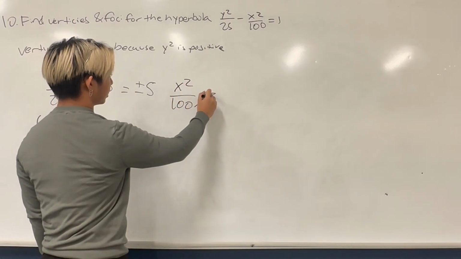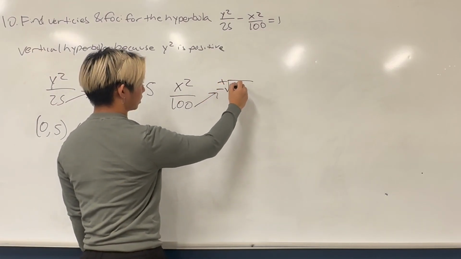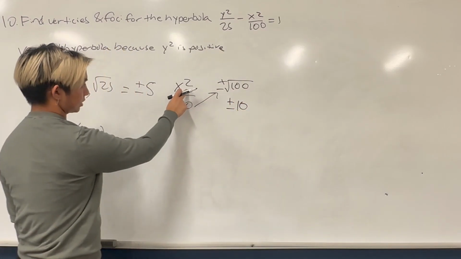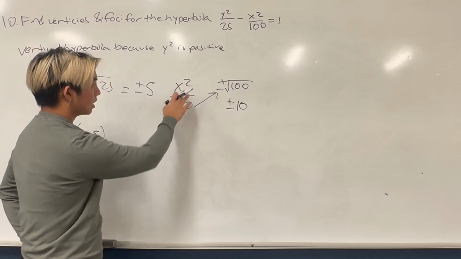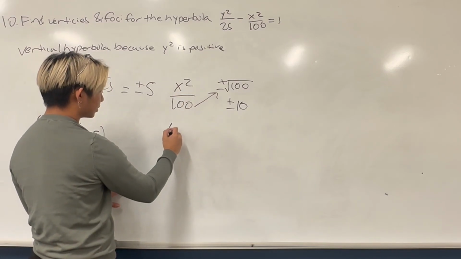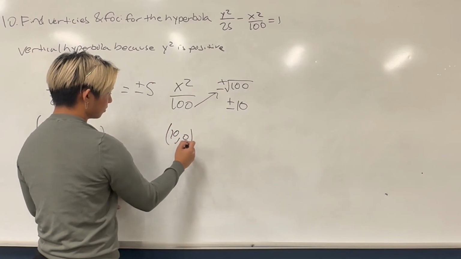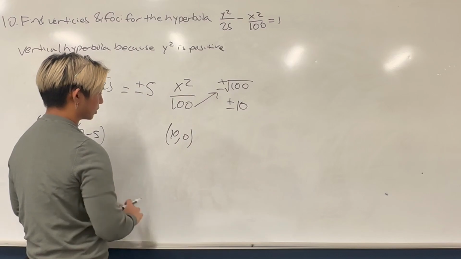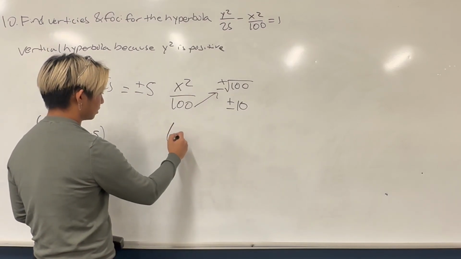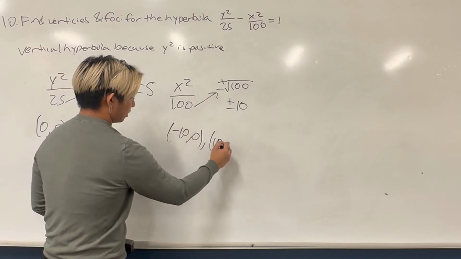And then take the square root of 100. So this gives us plus or minus 10. And it's x, x squared over 100, so horizontally it's 10. So our new vertices are 10, 0, and negative 10, 0.